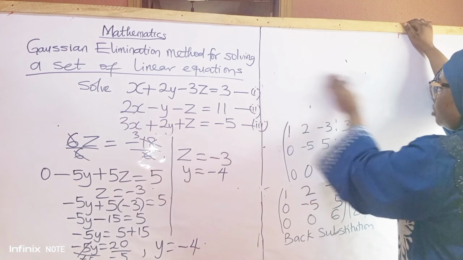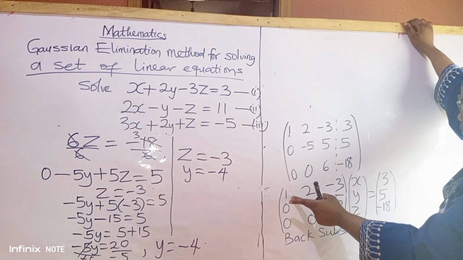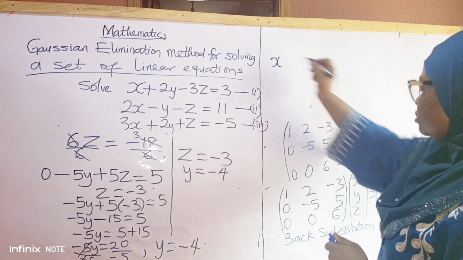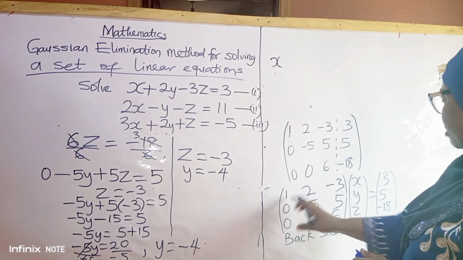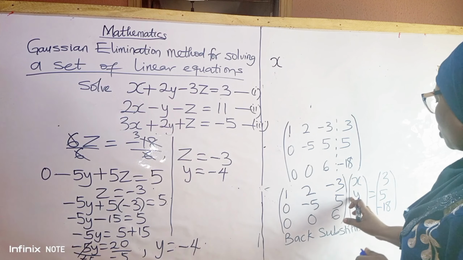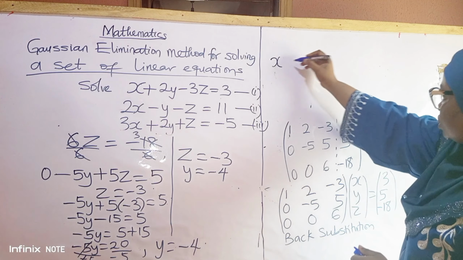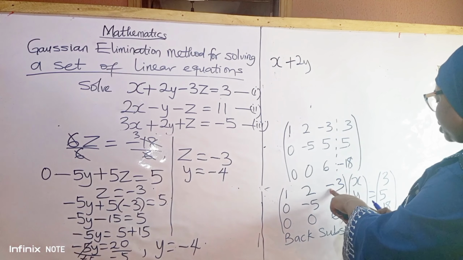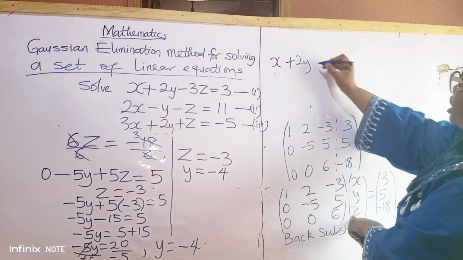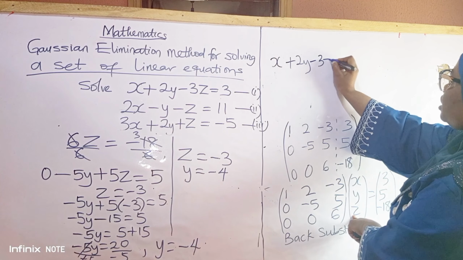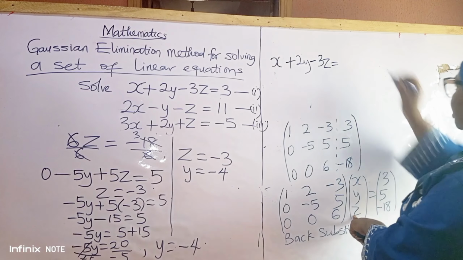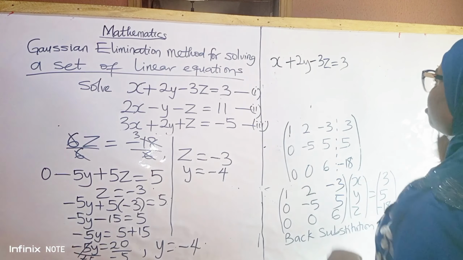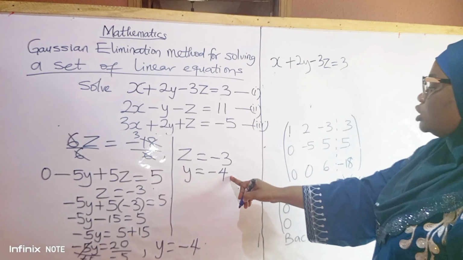The first row will be 1 multiplied by x, that is x. 2 multiplied by y, that is plus 2y. Minus 3 multiplied by z, minus 3z is equal to 3. I know my z to be equal to minus 3 and my y to be equal to minus 4.